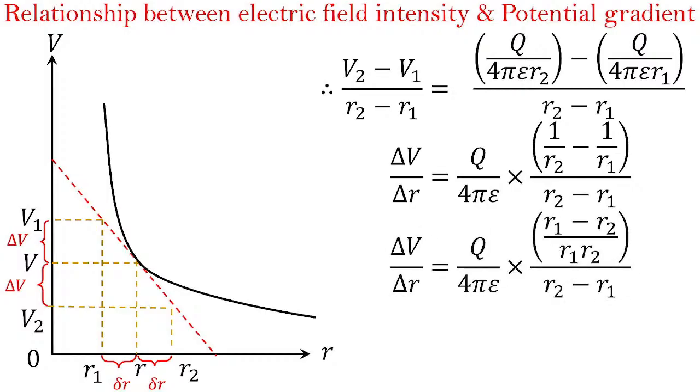So I take the common denominator for the numerator. Numerator 1 over R2 minus 1 over R1. I take the common denominator R1 R2. Right? Here at the top you can see R1 minus R2. I will take it separately out.